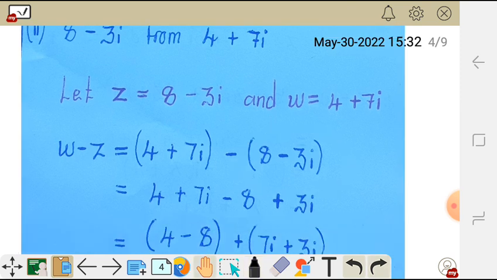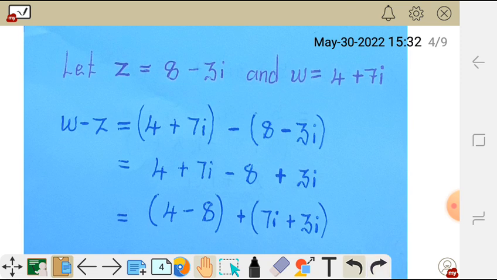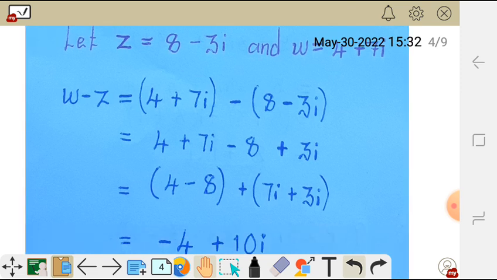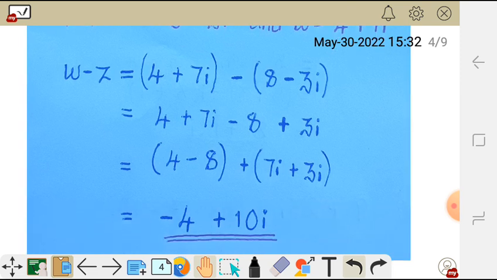So we do the same. We subtract the real part with the real part and the imaginary part with the imaginary part. So either you say 4 and negative 8 in the same bracket since they are real parts, and then 7i and 3i.